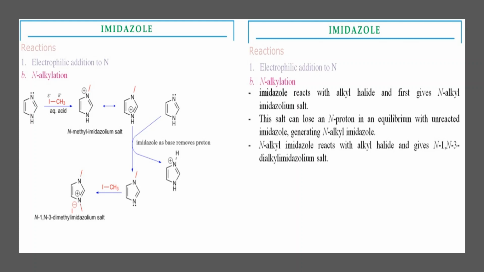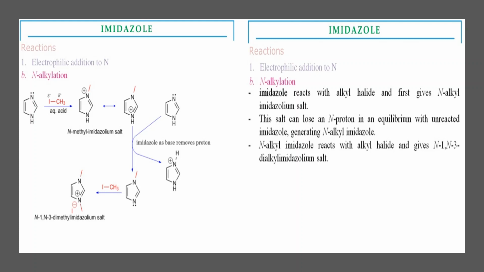The imidazole itself is a base, so it will abstract the proton from the second nitrogen, and this will undergo methylation to give the N1, N3 dimethyl imidazolium salt, similar to that of your pyrazole.